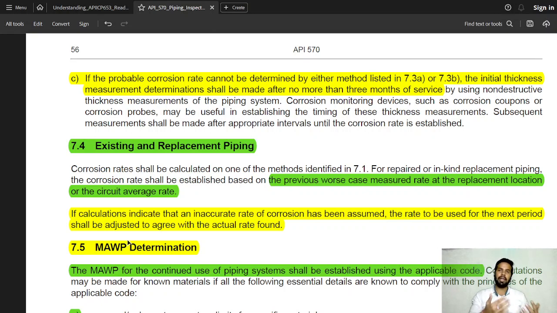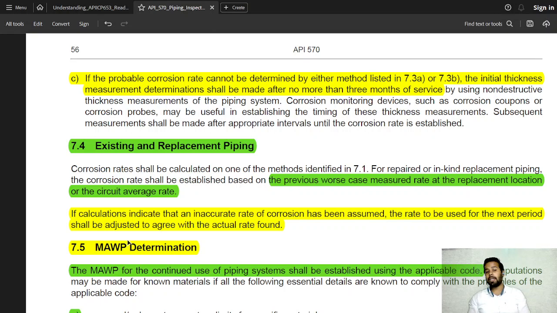So if original data is not given, then once the piping goes into service, in the first 3 months we need to assess the issues with the new piping that we have installed, and based on that we would decide the future inspection criteria for the same piping system.